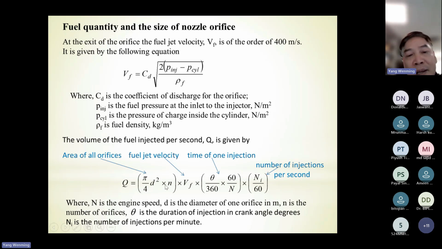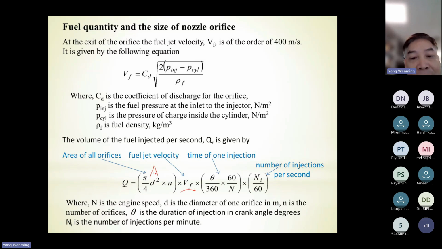Then times n is the total area for the fuel injection. For multiple fuel injection holes, the total fuel injection area is 1/4 pi d squared times n, where n is the number of fuel injection holes. So this is the flow area. You can use A to replace this.